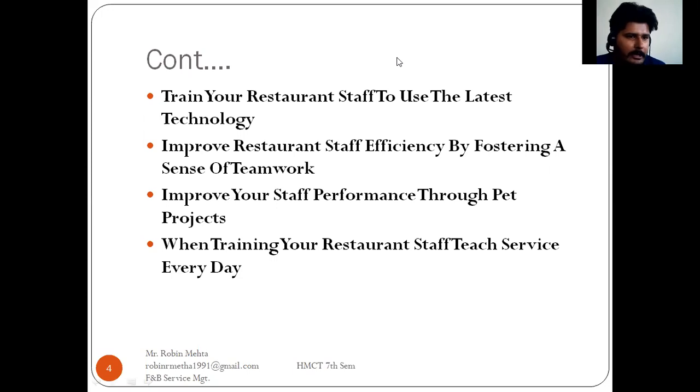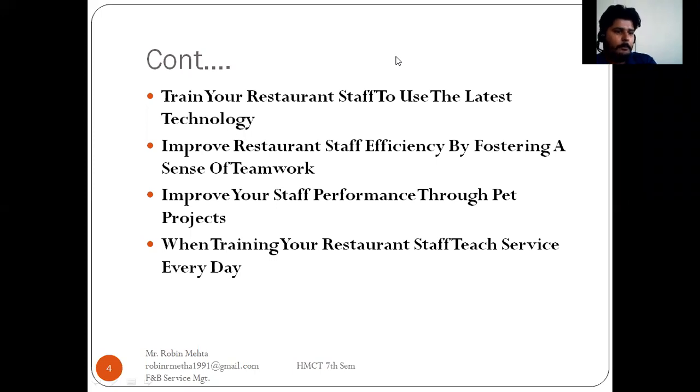At some hotels, the regular staff may use the latest technology, but the trainees may use the old technology, because they may think that if they give the latest machines to them, they may spoil them or get into a problem. So they give old technology to trainees and new to their permanent staff, but that should not happen. Your trainees should use the latest technology.